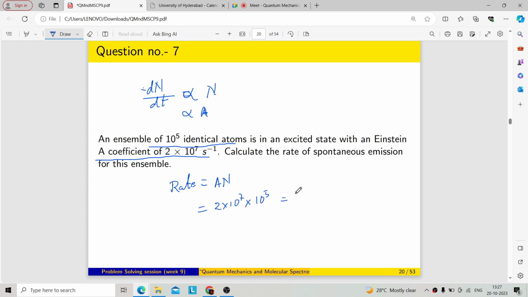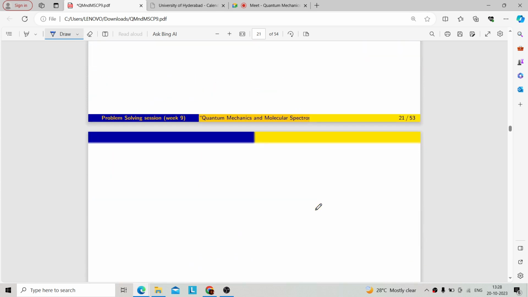So this will give us 2 times 10 to the 12. Okay, so this is the spontaneous emission rate. It is straightforward.